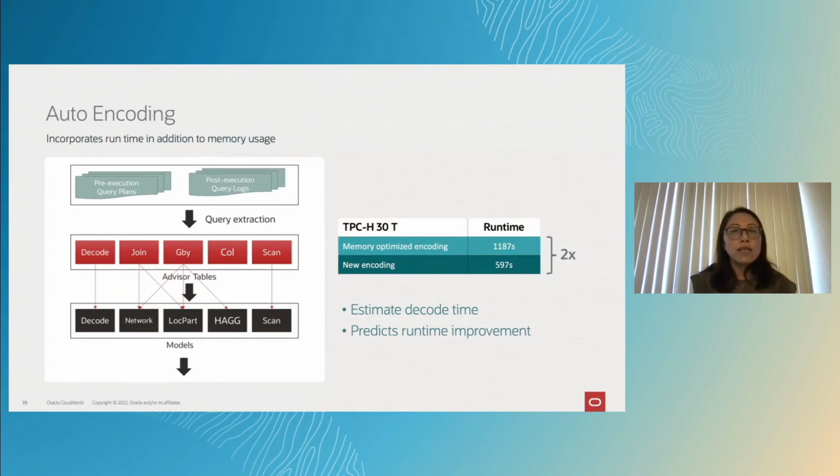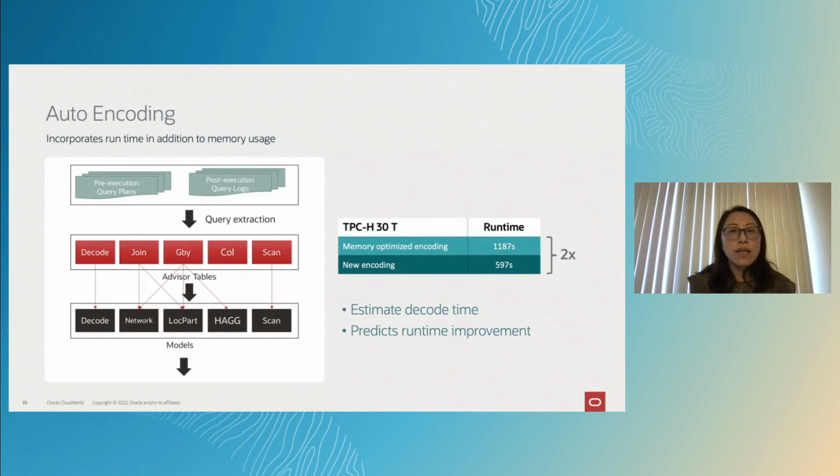Again, this is very difficult for an end user to decide which column to use dictionary encoding for, and which column to use variable length. It really depends on the query that they use, and also how much memory they want to save.